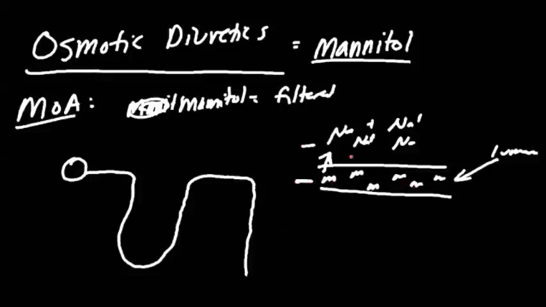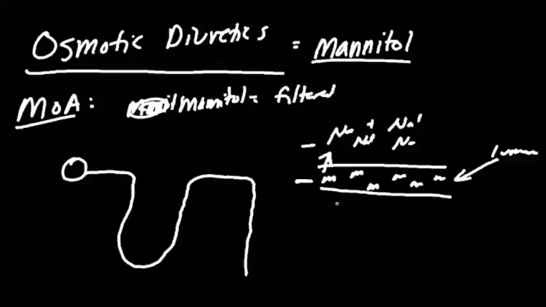With more solutes, water will want to stay with the solutes. We'll have less sodium reabsorption, less chloride, and less potassium reabsorption. Mannitol is excellent for the water-soluble segments, because water then will want to stay inside. It'll make you pee more. That's the point. Osmotic diuretic.